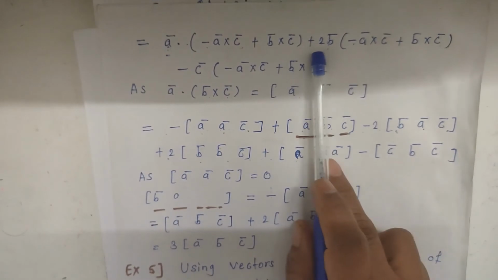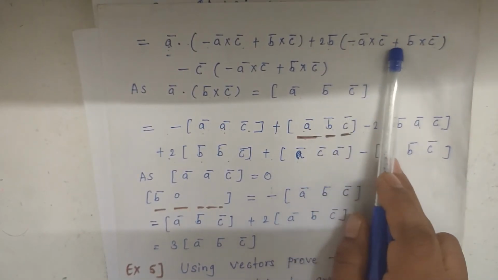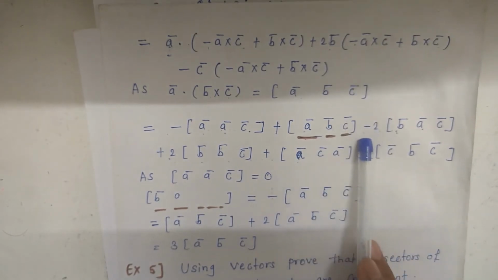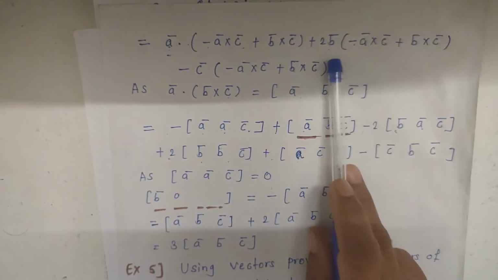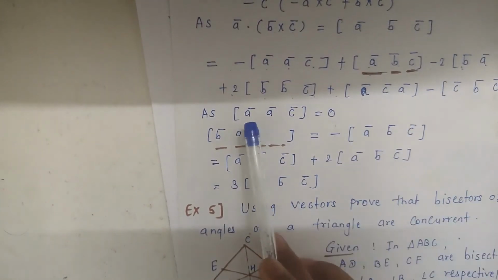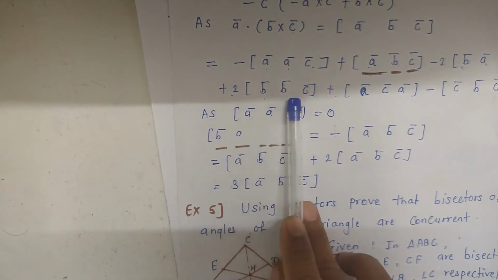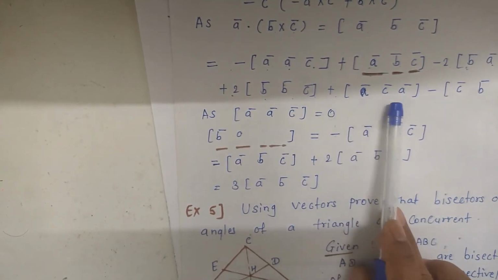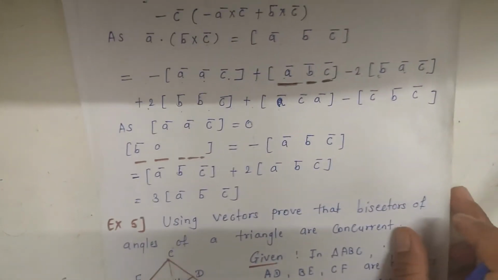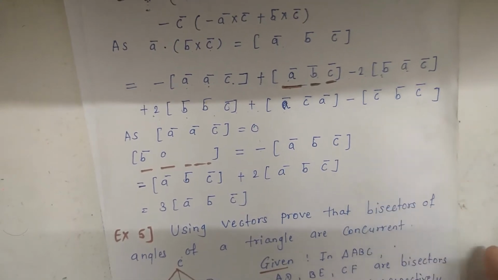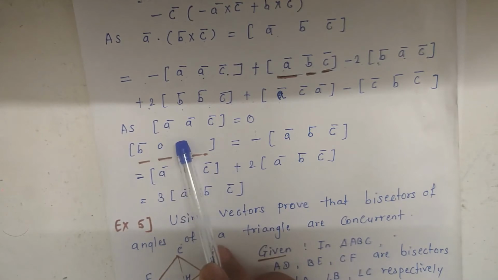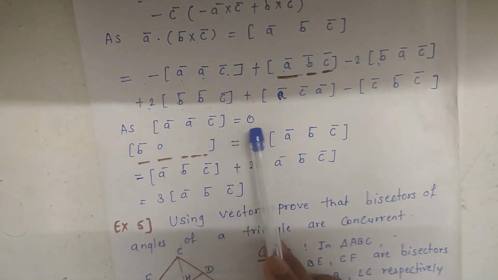Next, 2b bar minus a bar and c bar. So taking this minus sign outside of the bracket, then we get minus 2 b bar, a bar, c bar. Similarly for the next terms, we can write in this way: plus 2 b bar, c bar, plus a bar, c bar, a bar, minus the c bar, b bar, c bar. Now in the box product, if two vectors are similar, then the value of the box product is 0.